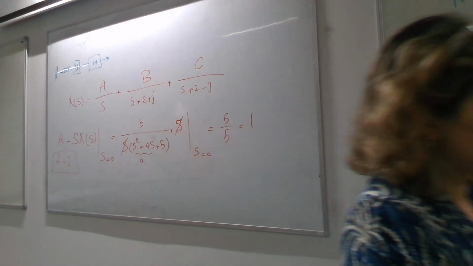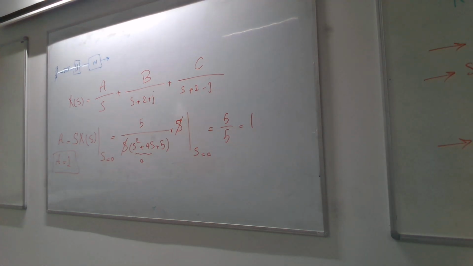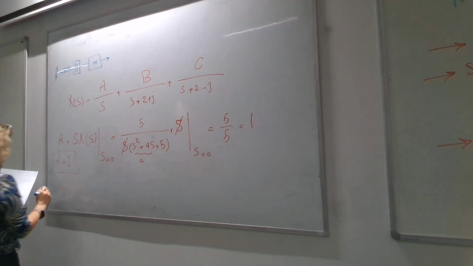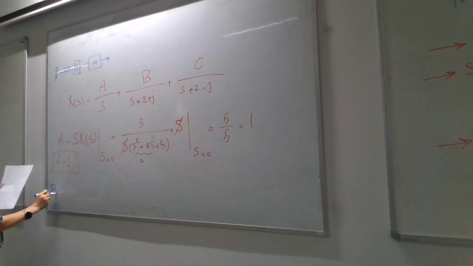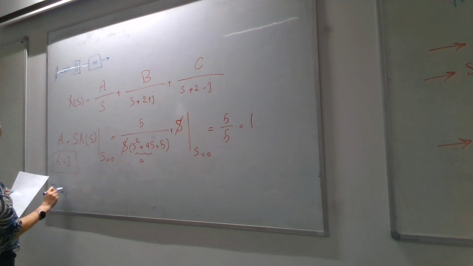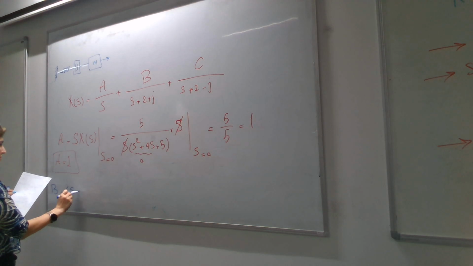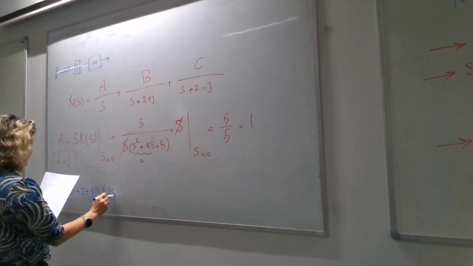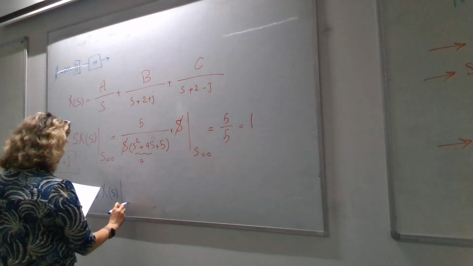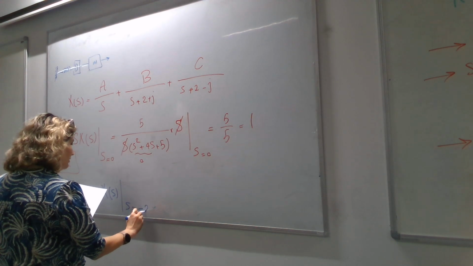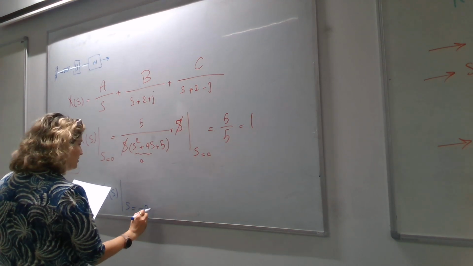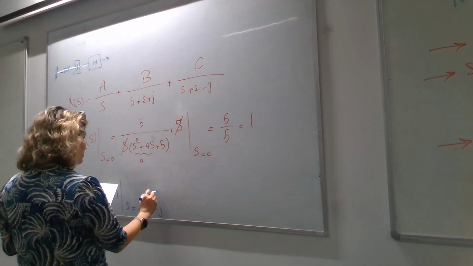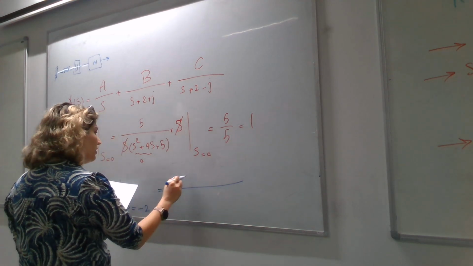Use another color. Oh, but B is going to be s plus 2 plus j, times X of s, by plugging the value of s equal to minus 2 minus j. And that is going to give us this equation here.